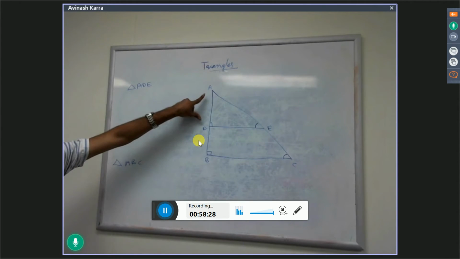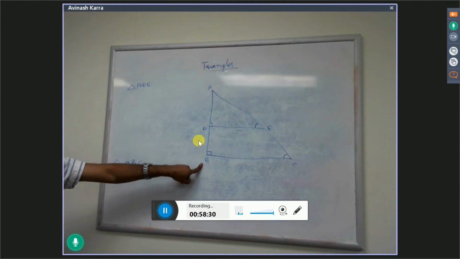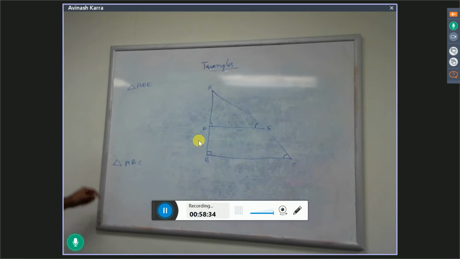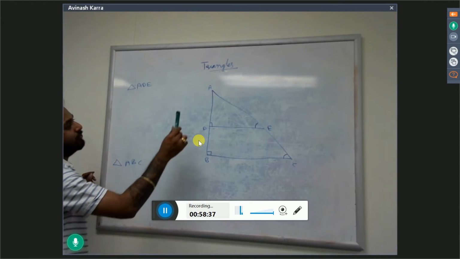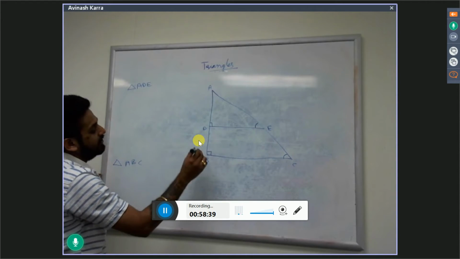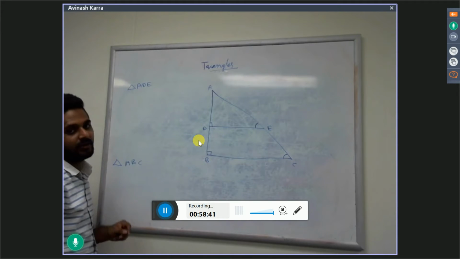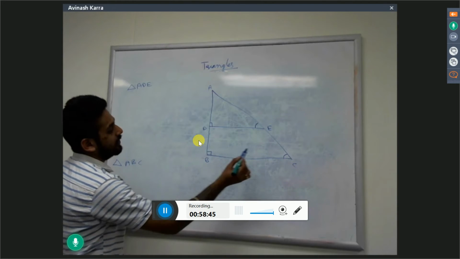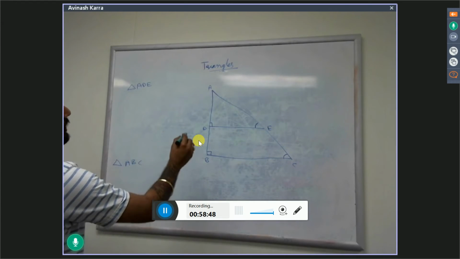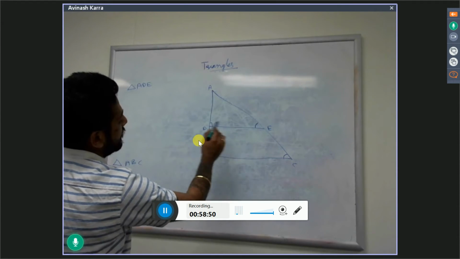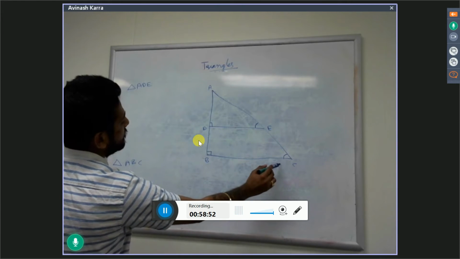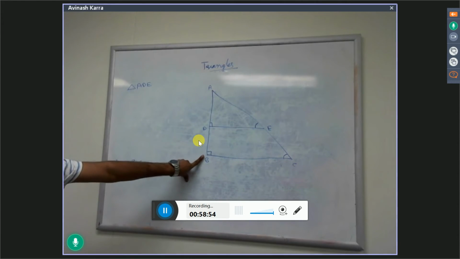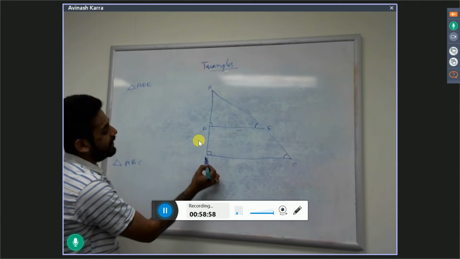What will be the corresponding side of AB in triangle ABC? Anyone of you guys? What will be the corresponding side of AD in triangle ABC? Okay. What will be the corresponding side of AE in triangle ABC? See, here it is 90 degrees, right? Angle B and angle B are equal.